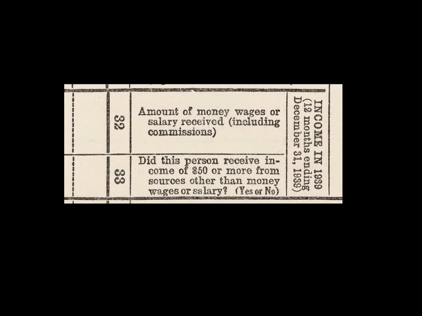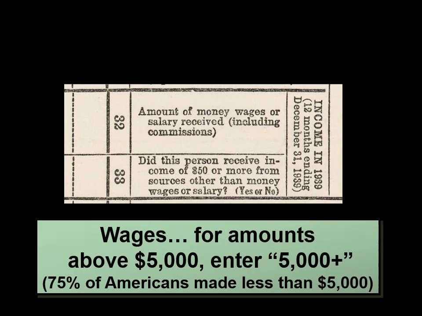And then the most controversial question on the sheet that was introduced for the first time was an income question. They put it as the last question because they knew it was controversial, how much money you received in wages. If you made $5,000 or more, then you just put that down.